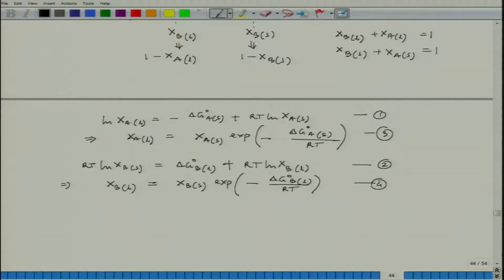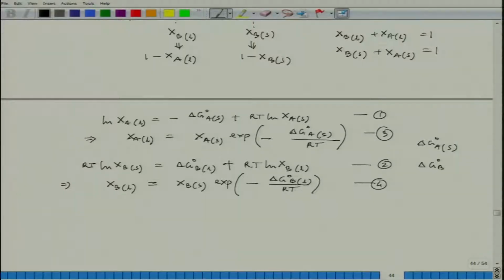This is equation 4. Now, remember that in this notation delta G0 A S, the S indicates that we are considering it with reference to solid solution, and when we are considering delta G0 B liquid, this is with reference to the liquid solution. But in both the cases, these two terms are indicating pure A or pure B. So, this one is for pure A and this one is for pure B, and remember in our previous lectures we have considered that everything should be with reference to the melting.